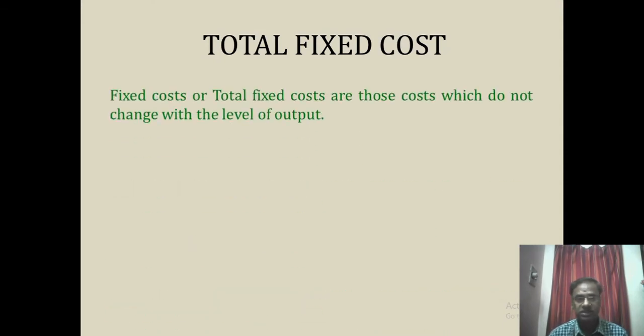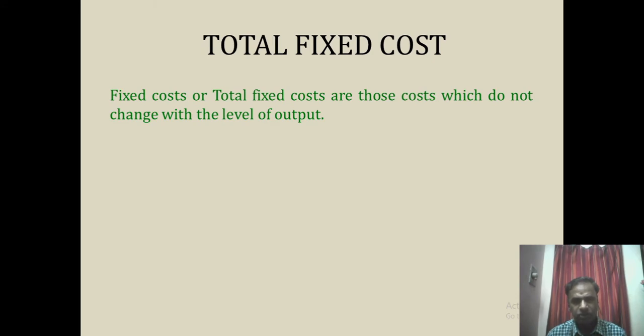So let us discuss what is total fixed cost or fixed costs. The fixed costs or the total fixed costs are those costs which do not change with the level of output. These costs do not change with the level of output.